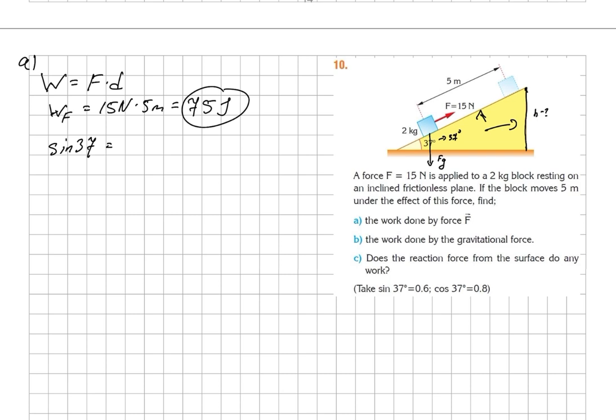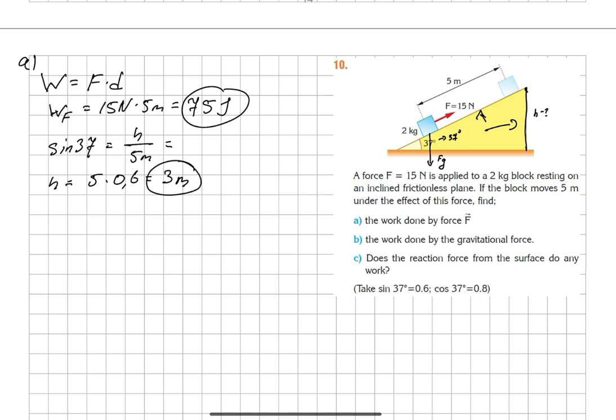In this case the opposite side is h over the hypotenuse, which is 5 meters. So the height is equal to 5 times 0.6, so it will be 3 meters.